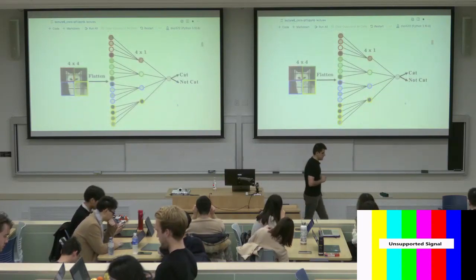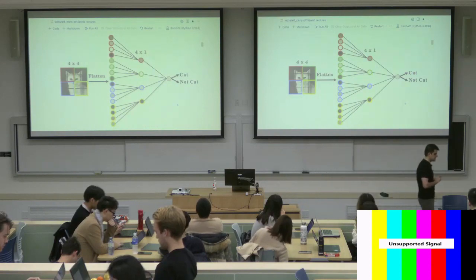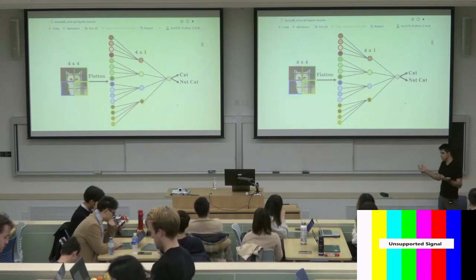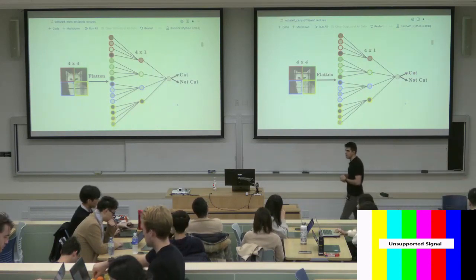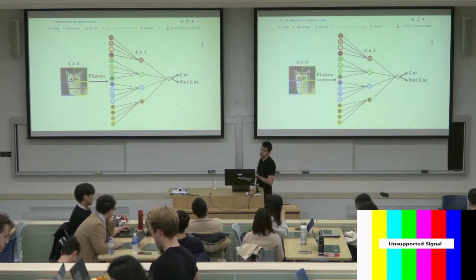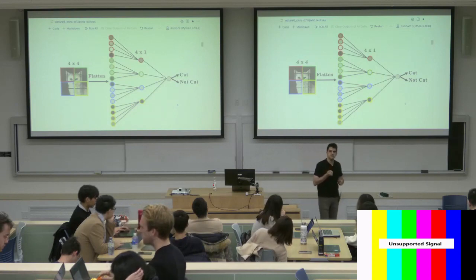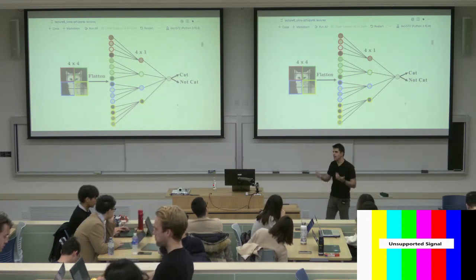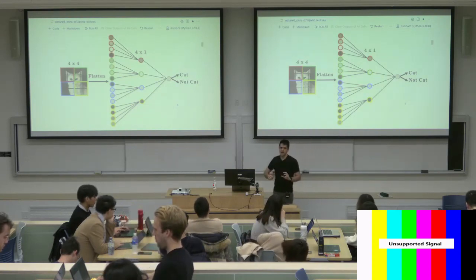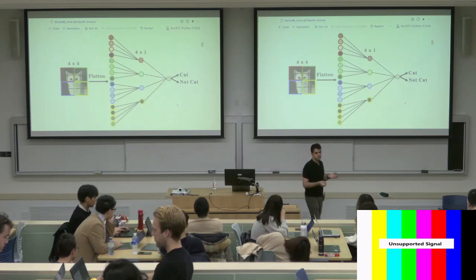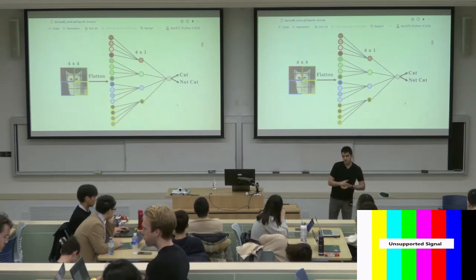Okay, so an image is not a general type of data where we cannot really make any assumptions about the structure of the data. An image, if you take each pixel as an input feature, is a special kind of data, and each pixel has a special meaning in relation to the other pixels in that image.